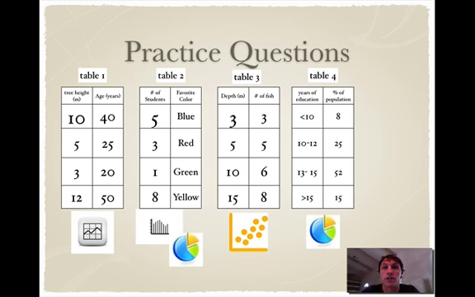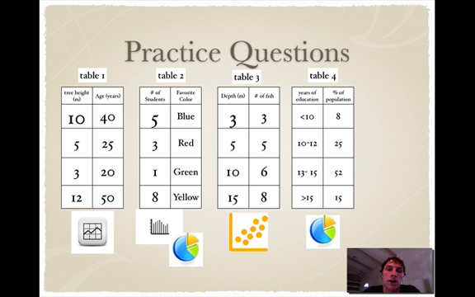Okay, and so here's how I would graph it, or how you should graph it. Okay, table 1, what we're doing here is looking at change over time, or is tree height associated with the age? So the older the tree, is it taller? We can do that in a line graph. Table 2, this one's an interesting one because we could graph it two ways, as a bar graph or a pie chart.